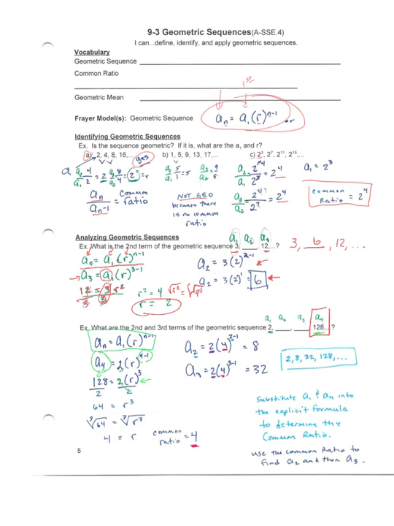Now once I have r cubed, I can find the cube root of both sides. Cube root of 64 is going to be 4. Cube root of r cubed is going to be r. So I know my common ratio is 4. Coming back over to my problem, I can substitute that information in to get my next two terms.